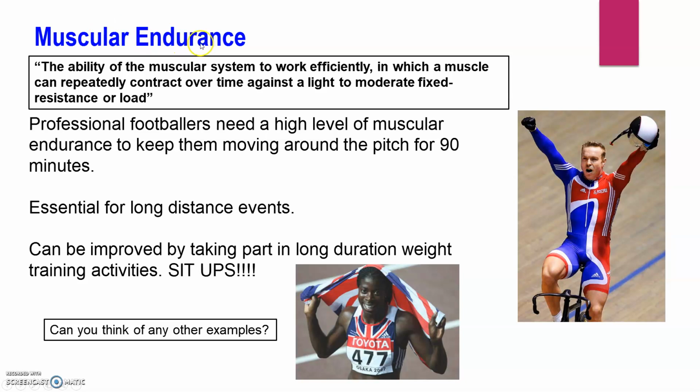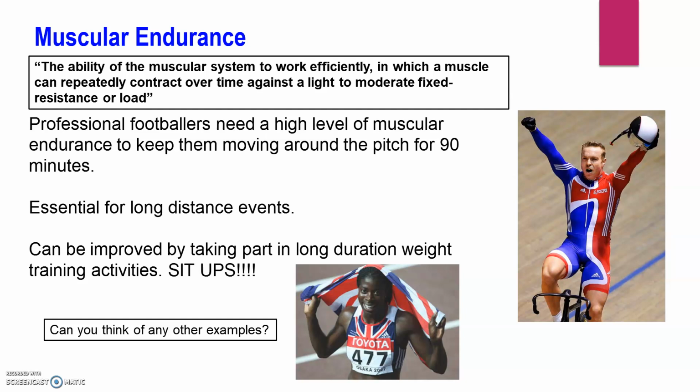Muscular endurance. This is the ability of the muscular system to work efficiently, in which a muscle can repeatedly contract over time against a light to moderate fixed resistance or load. The main thing to get about this is muscular endurance is repeated movements over a period of time. Don't worry too much about all of that information. That term endurance, again, means a long duration.